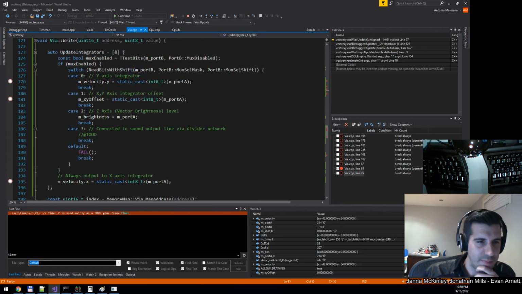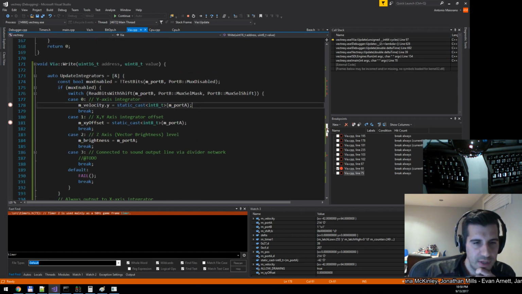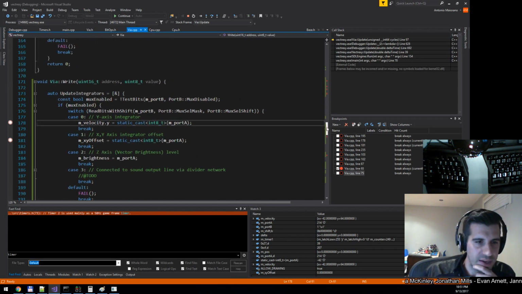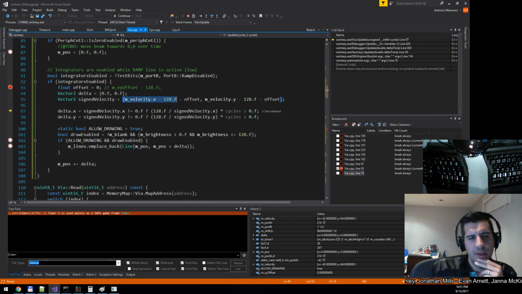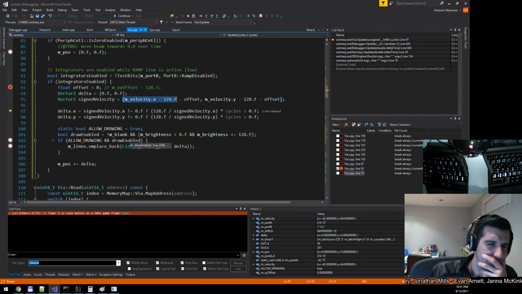Okay, I had set my velocity here to positive values on purpose. Now I ended up making them signed because I was actually taking care of subtracting minus 128 here. So why was this causing me a problem? Or was it just I thought it was a problem, but it wasn't.